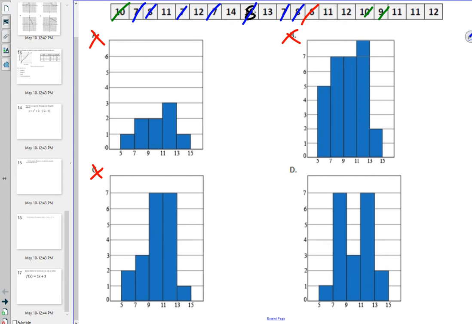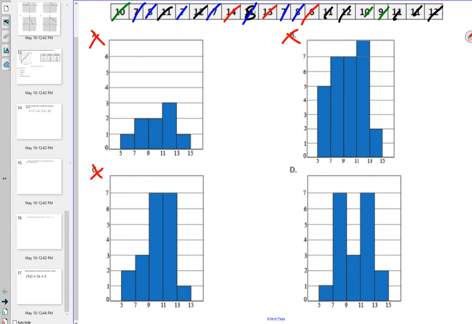Now let's check the 11s and the 12s. 1, 2, 3, 4, 5, 6, 7. So that one also has 7 11s and 12s, and then there should be 2 13s and 14s, which there are right here, 13 and 14. That's my fault, but at the same time, nobody mentioned that when they were taking it.